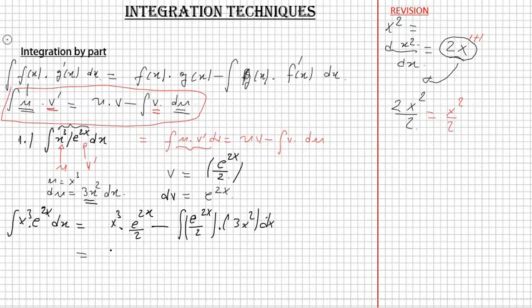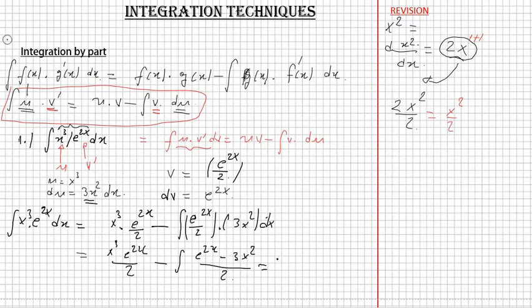So I'm going to have x to the power of 3 e to the power of 2x divided by 2 minus the integral of e to the power of 2x multiplied by 3x to the power of 2 divided by 2. So remember, this is a constant, so I can bring it outside.